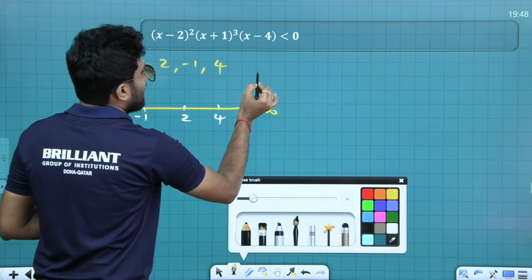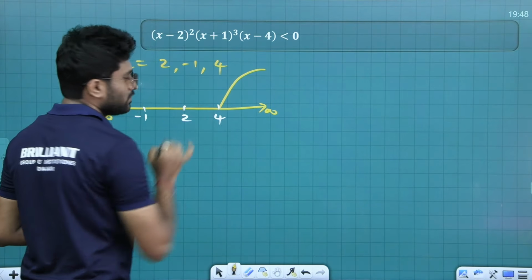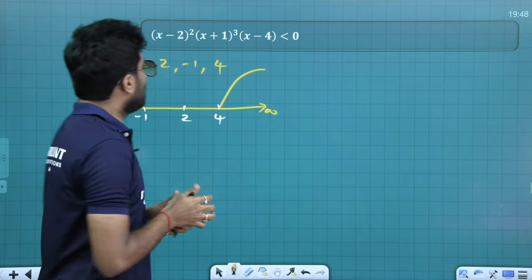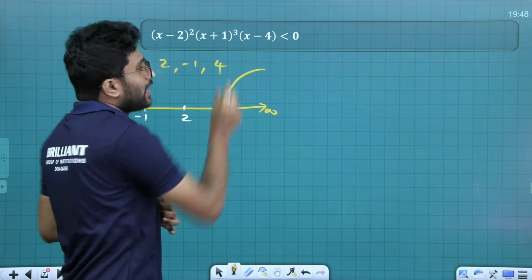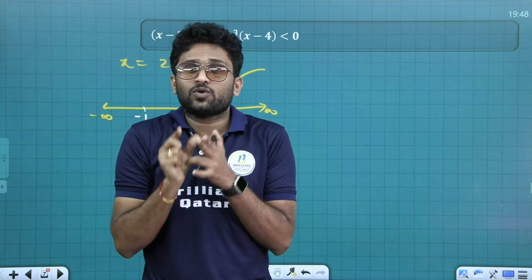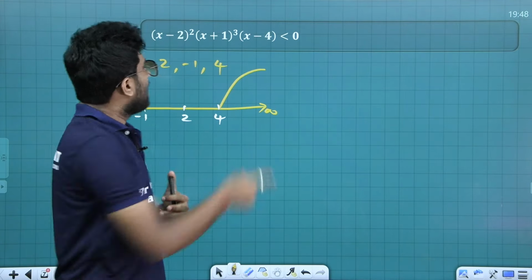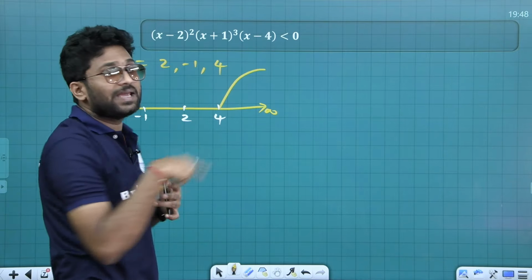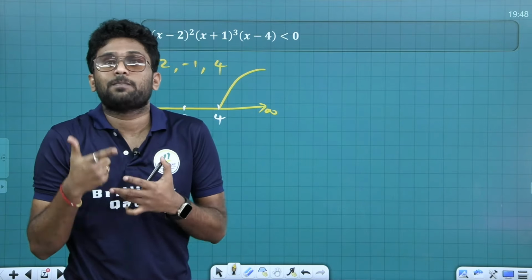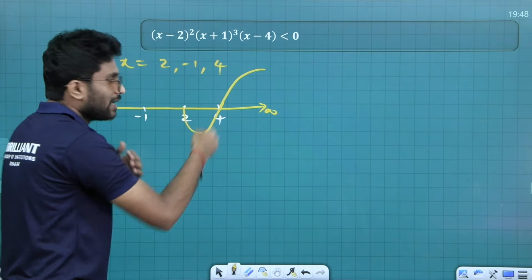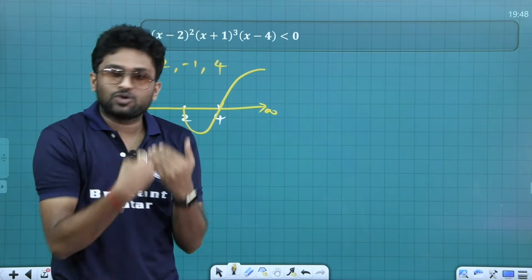The wavy curve has to start from infinity to 4 at first. Then at 4, look at the power of x minus 4, which is odd. As the power is odd, we can change the direction of the path of the curve. So from 4 to 2, it is drawn below the number line.